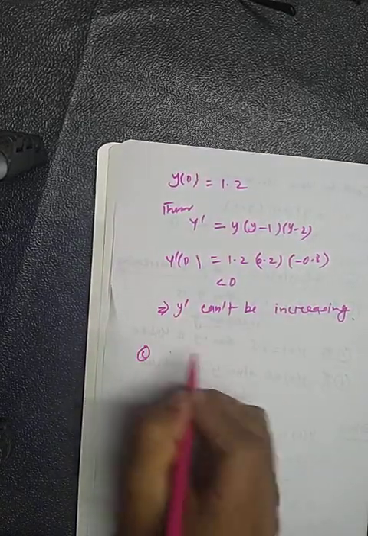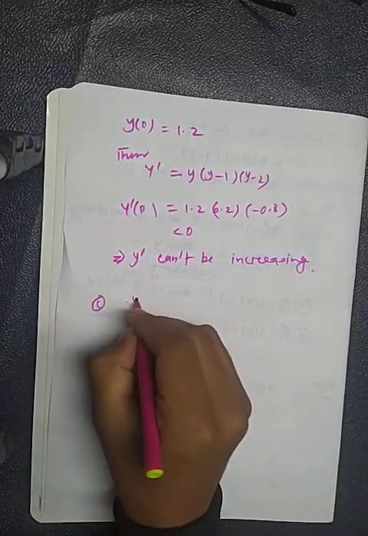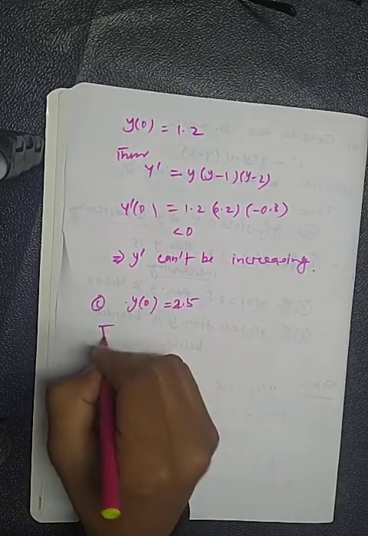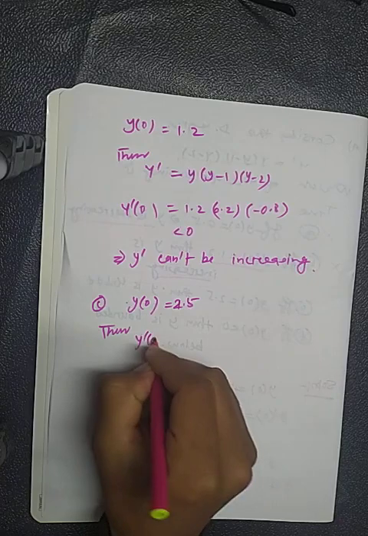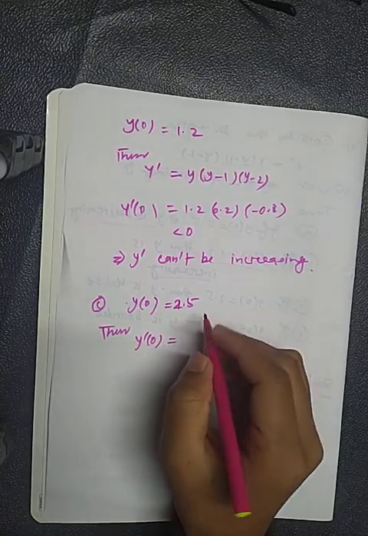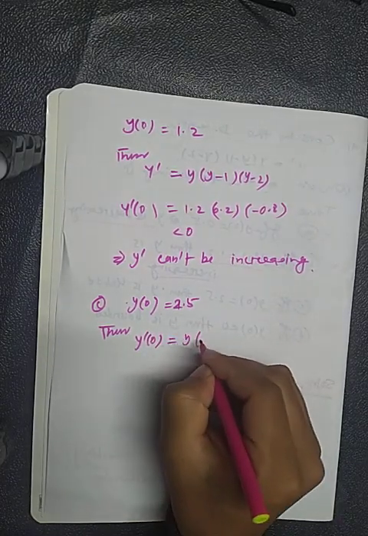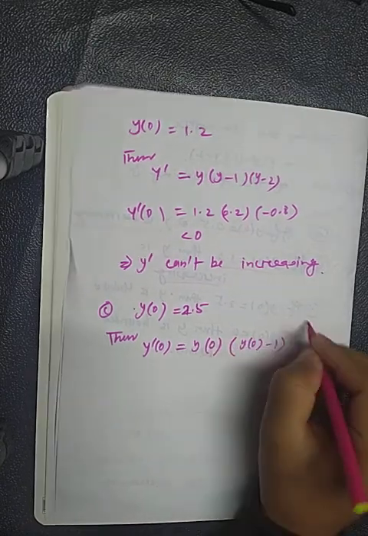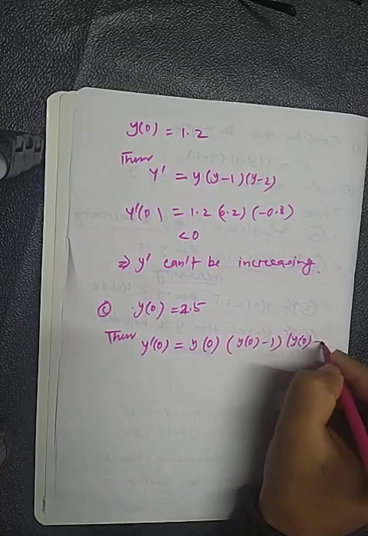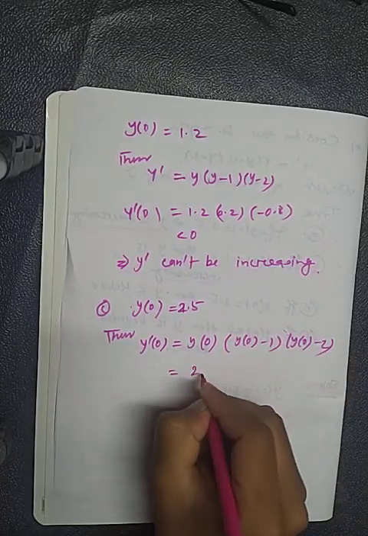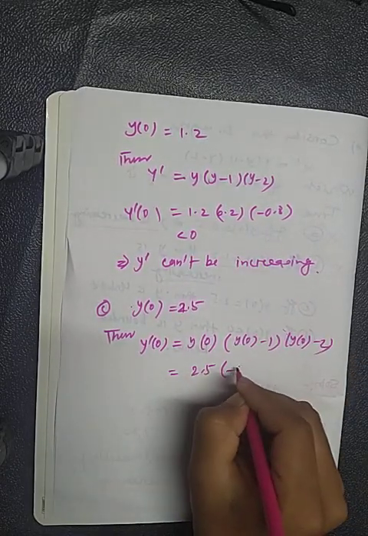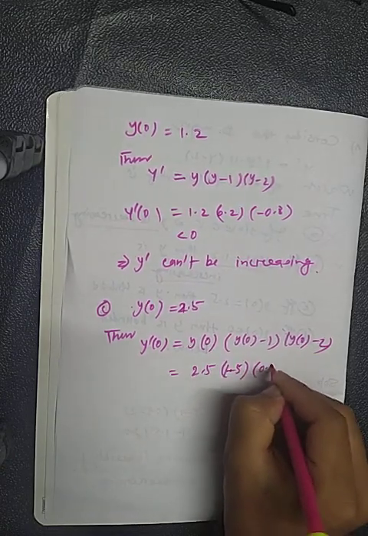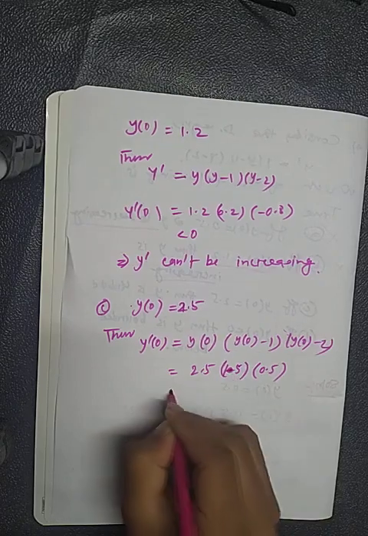So this is for option C. Option C says that y of 0 is equal to 2.5, then y dash 0 is equal to y of 0 minus 1 and y of 0 minus 2, so it is equal to 2.5 into 1.5 into 0.5, so it is greater than 0.